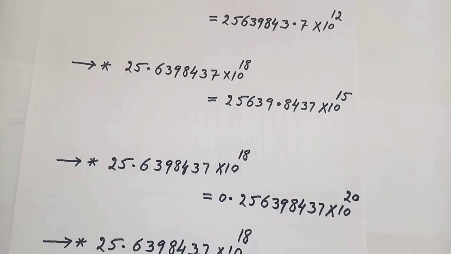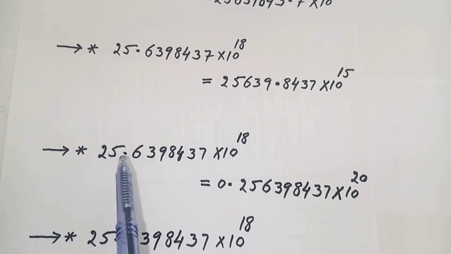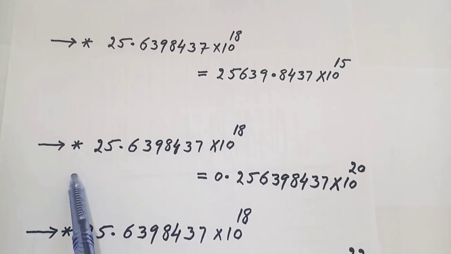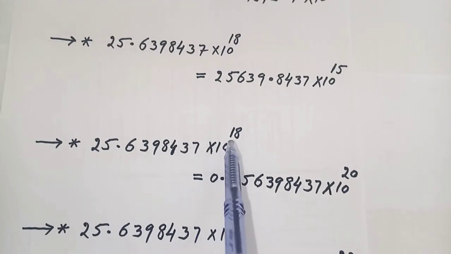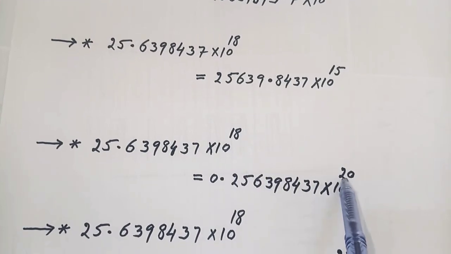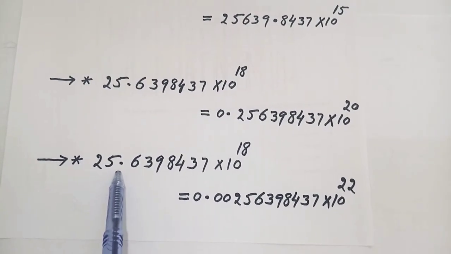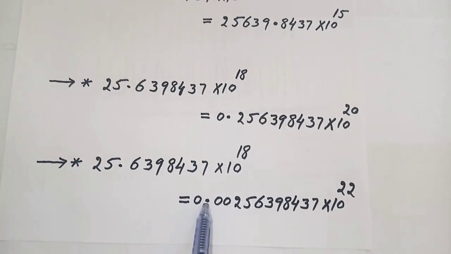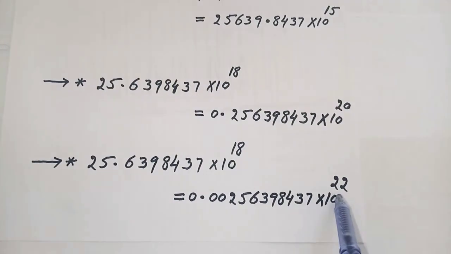And if we shift this point in this direction, from this point to this point here, then this power will increase from 18 to 20. And if we shift this point 4 places from here in this direction, then this will increase by 4.